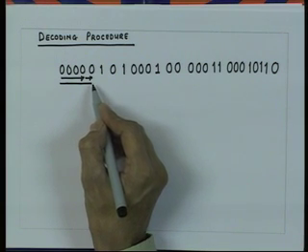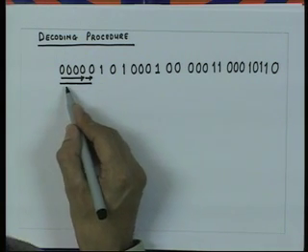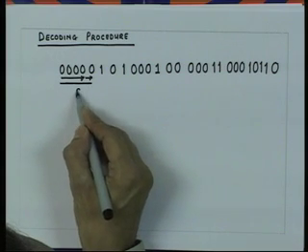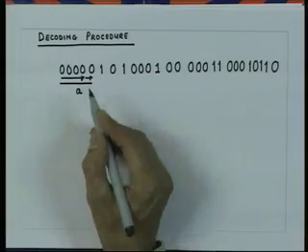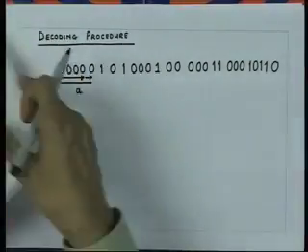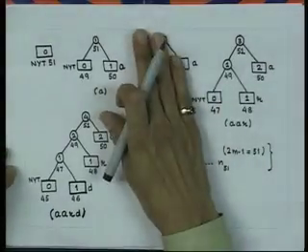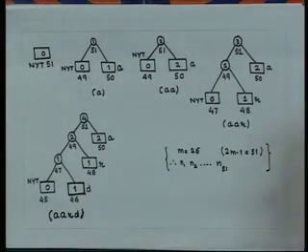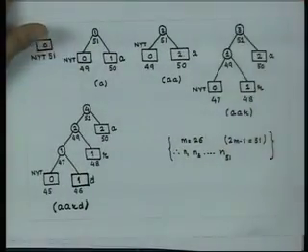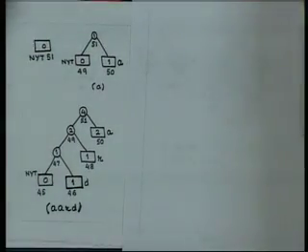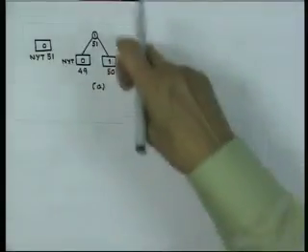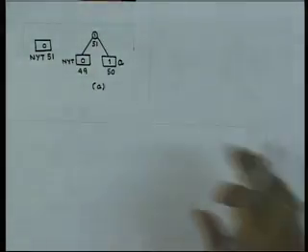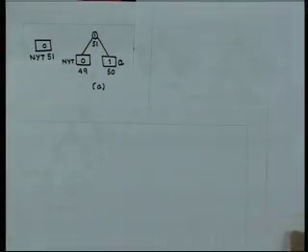Now this is the index for A, therefore the first letter is decoded as A. The tree is now updated as shown here. So you update the tree at the decoder as shown here. This updating procedure is exactly the same as the updating procedure which we have at the encoder end.